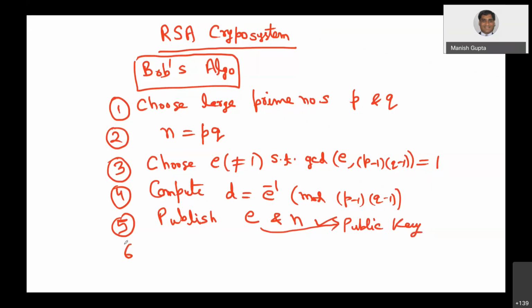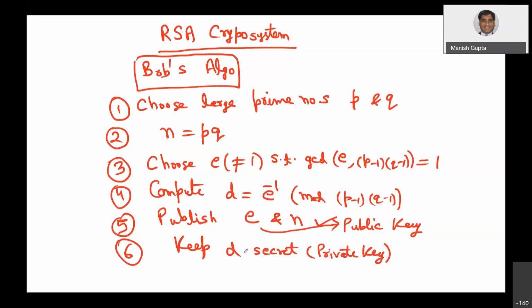And sixth, keep D as a secret. So D is nothing but the private key, a private lock. So basically there are two keys: E is the public key, D is the secret key.